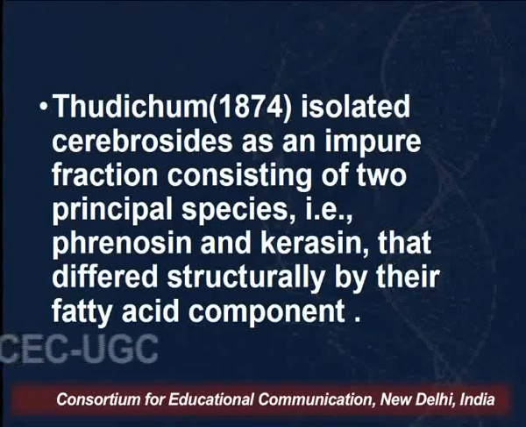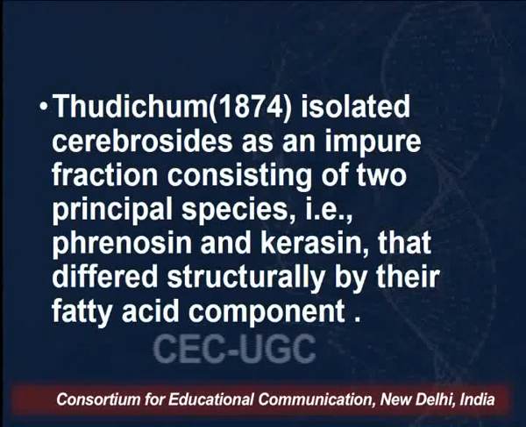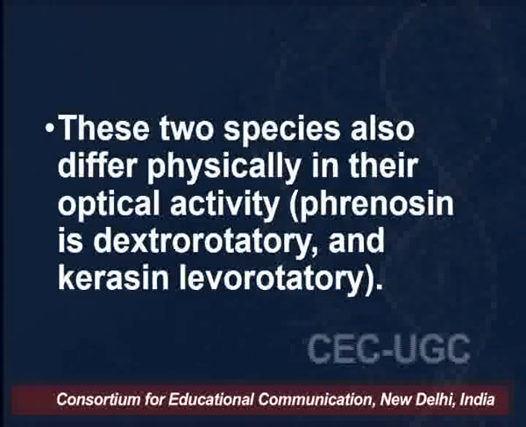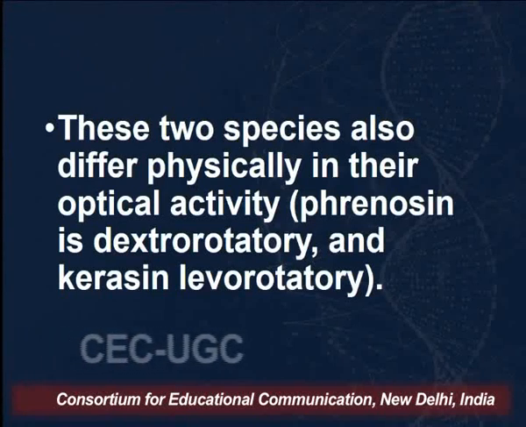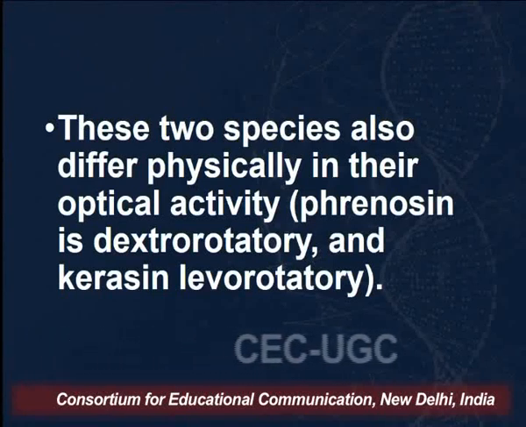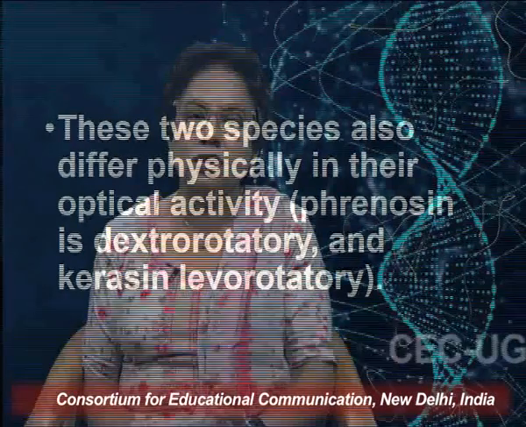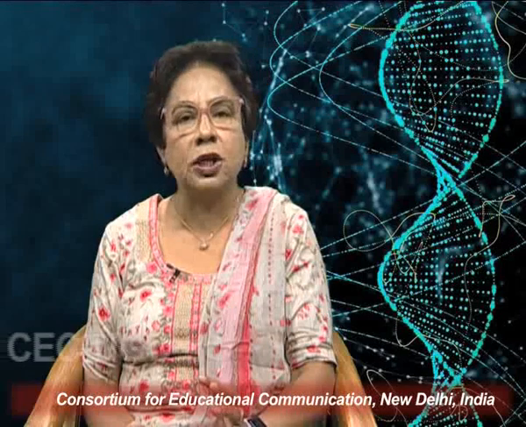They only differed in the fatty acid present in them. These 2 species also differed physically in their optical activity: phrenosine was found to be dextrorotatory and kerasin was found to be levorotatory.